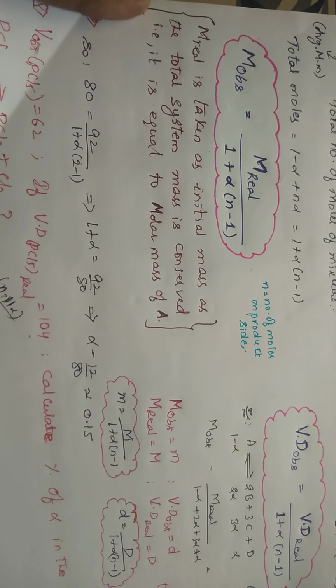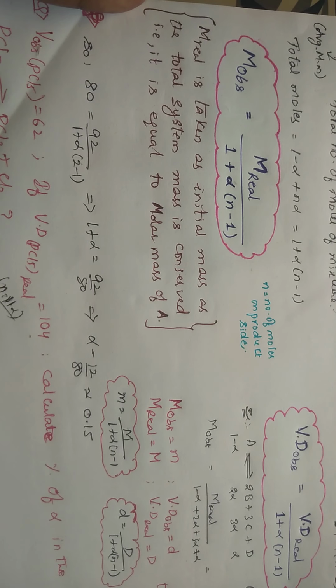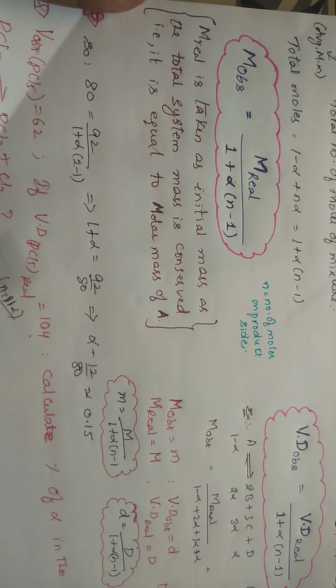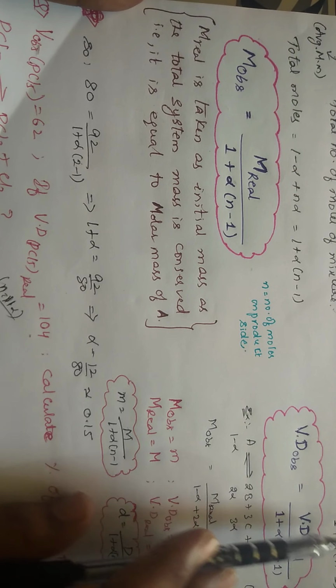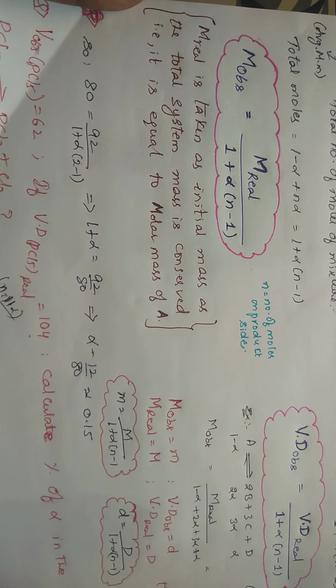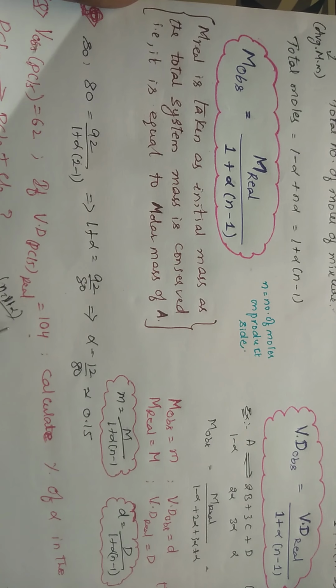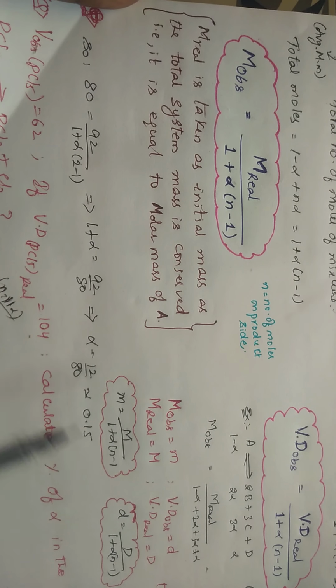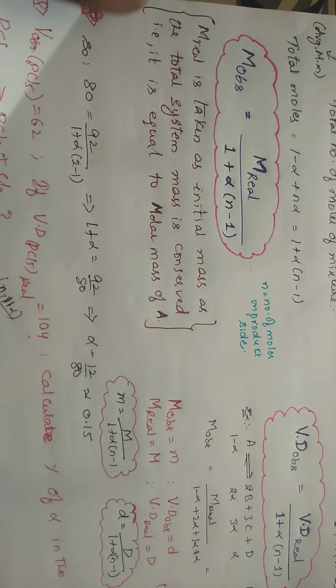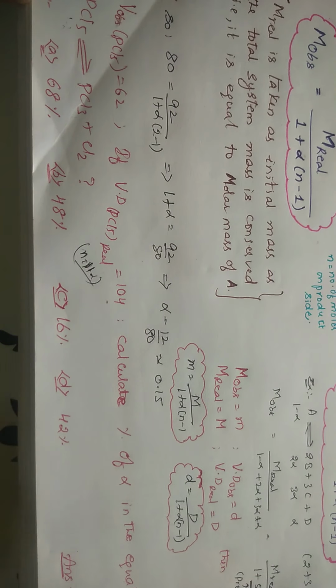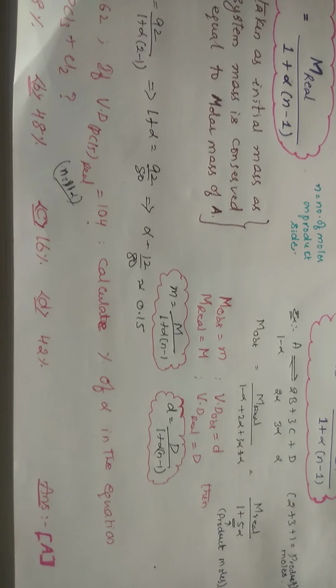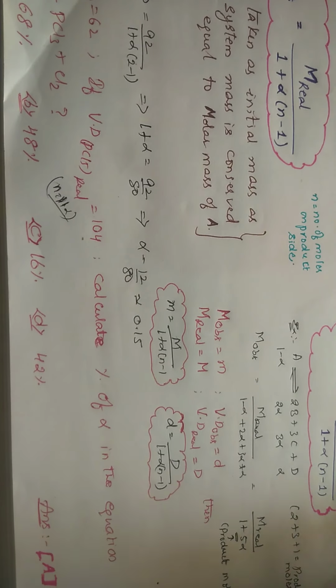Calculate the number of moles: 1 minus alpha, plus alpha plus alpha, so n will become 1 plus alpha. Calculate the value of alpha, and the answer will be approximately 68. If you are able to do this, you are very good at understanding the observed molecular weight.